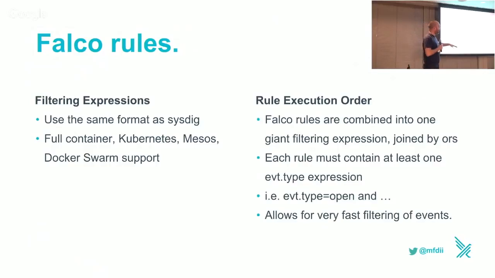The other thing that's important is each rule must contain one event.type expression. event.type values are essentially just the system calls. So it would be open, accept, clone, execve, things around spawning processes, opening files, accepting network connections, and other things like that as well.